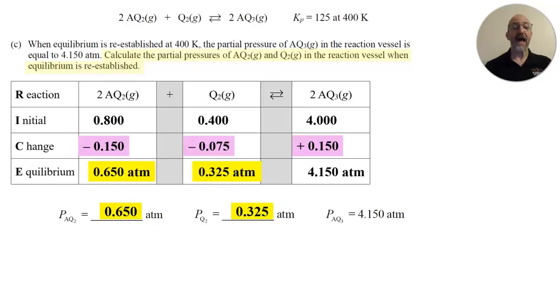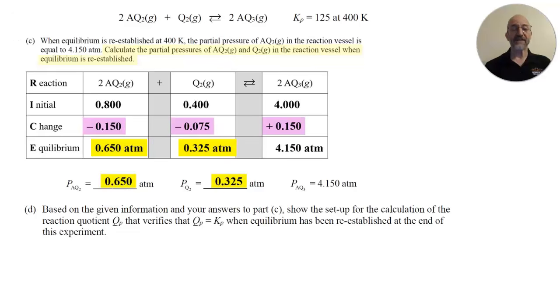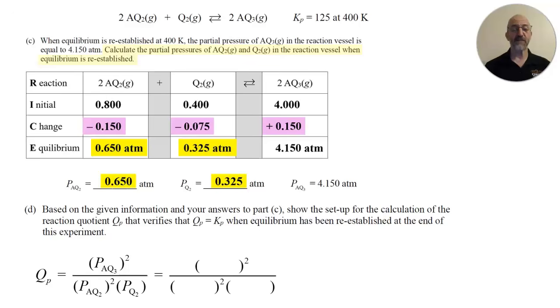And so now I would like to do that verification step for part D. What do I mean when I say verification? Well, let's go ahead and verify that Q equals K. Based on the given information and your answers to part C, show the setup for the calculation of the reaction quotient Q that verifies that Q equals K when equilibrium has been reestablished at the end of this experiment.